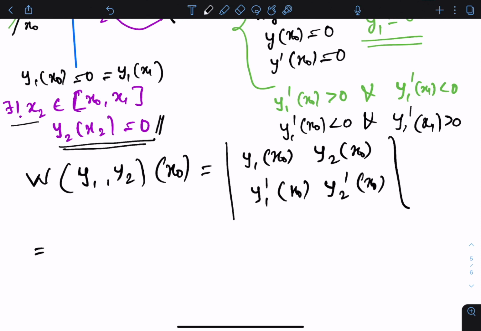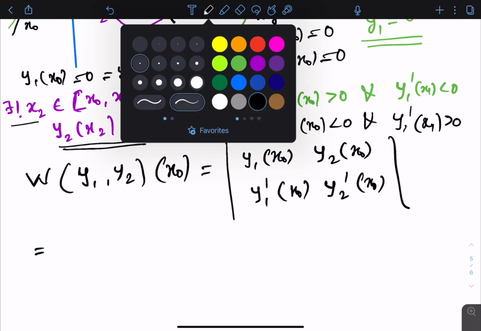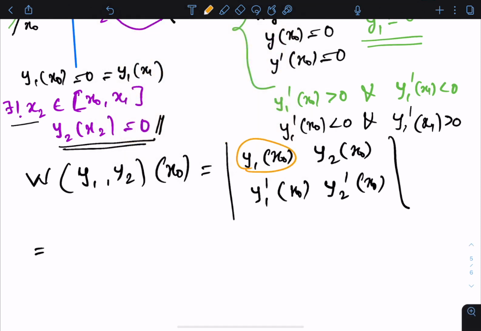So whatever this is, it is 0. You agree, right? This is 0 because of this assumption here. So what we have is that the Wronskian is minus y2 of x0 times y1 prime of x0.